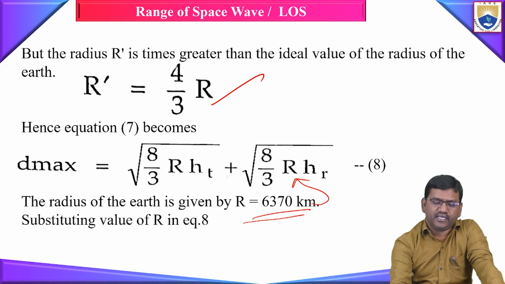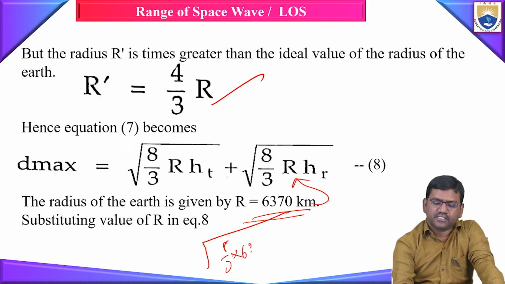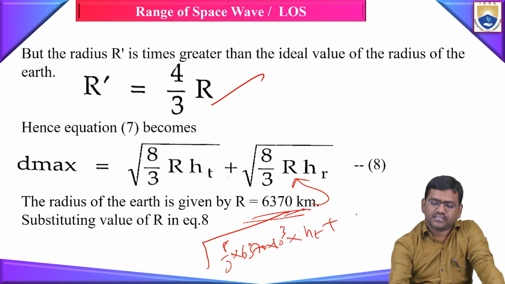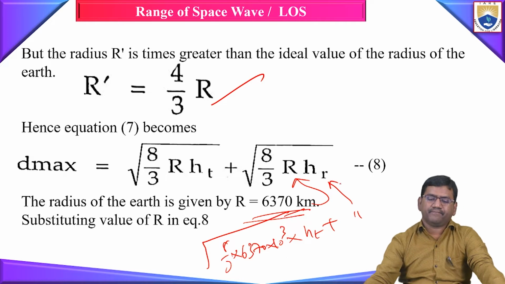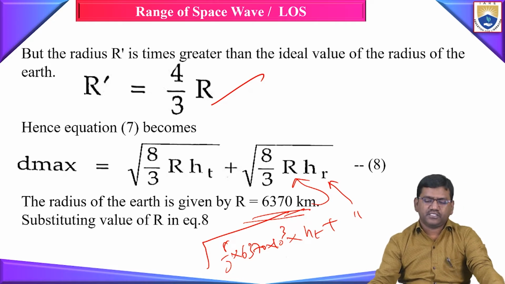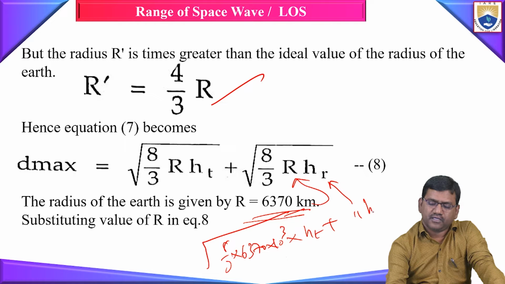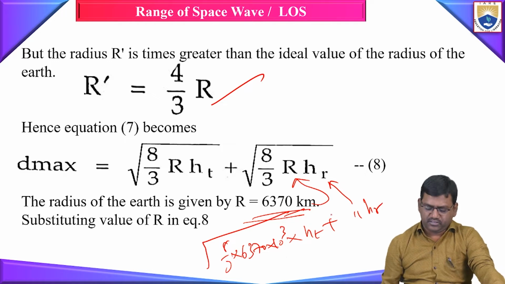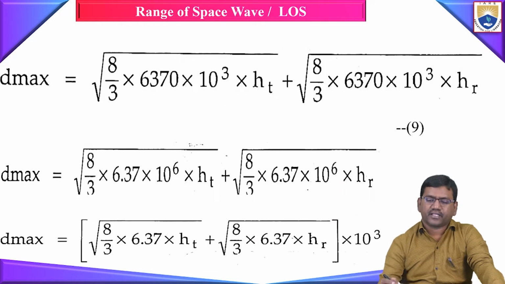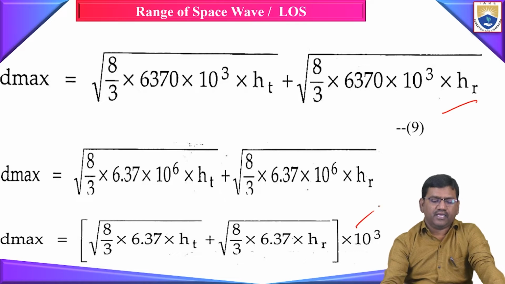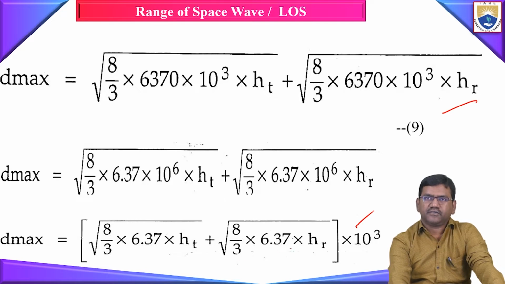If we simplify by substituting, we will get 8 by 3 into 6370 into 10 power 3 into HT plus the same thing, 8 by 3 into 6370 into 10 power 3 into HR. If we substitute these two values and further simplify, you will get D max equal to root of 8 by 3 into 6.37 into HT plus root of 8 by 3 into 6.37 into HR.